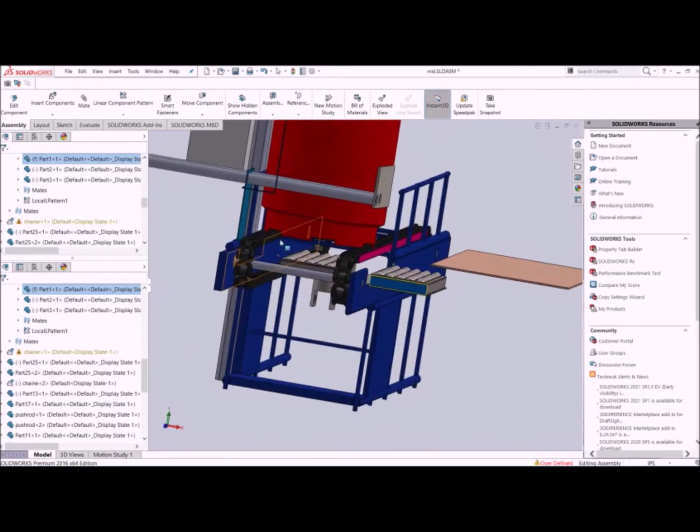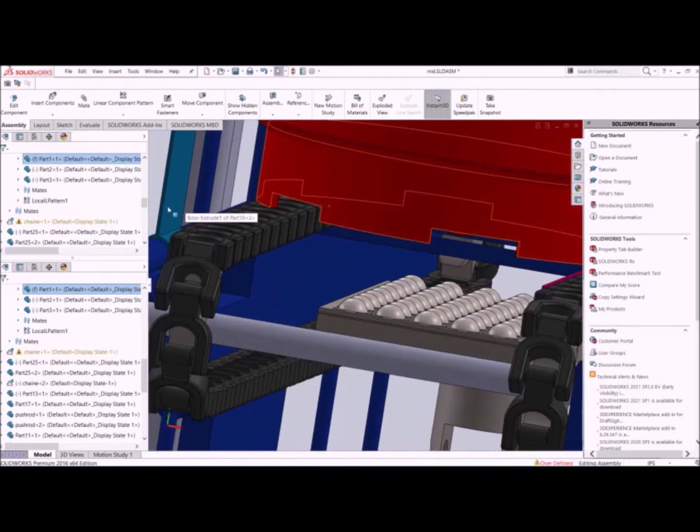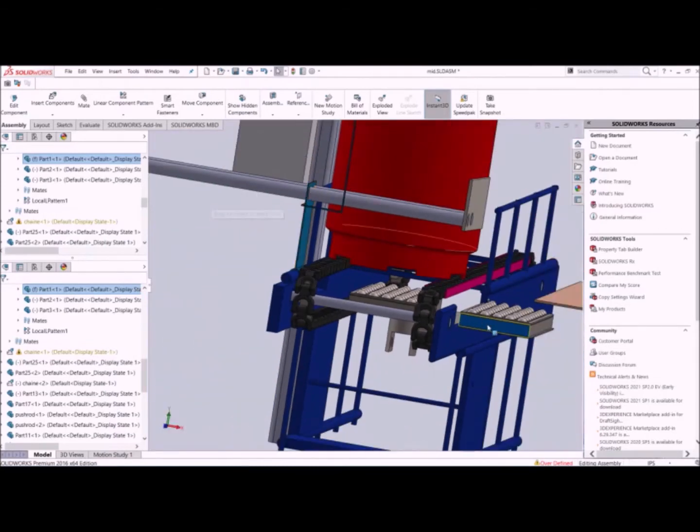Now it can easily move with the conveyor chain or belt. So that was my idea: we can use a slider that can move up and down. This is one kind of solution.